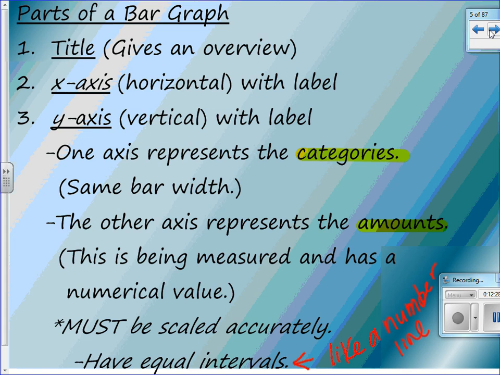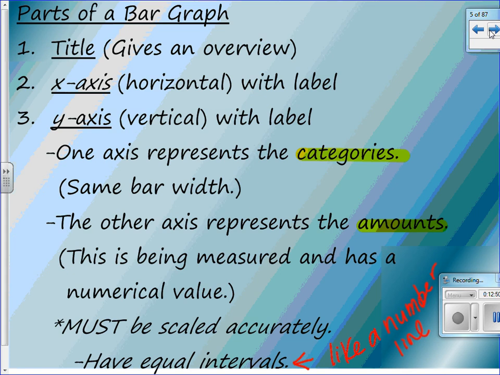You can't go up by 950 here, and then here go up by 200 just because those are the data points. If these are the data points, I would probably start at 0, since the 50 is so close to 0. And you could go up by 500s, you could go up by 100s, 200s, but this has to be consistent.